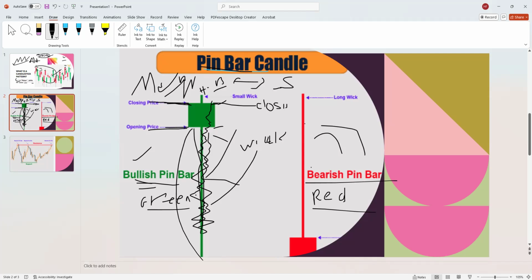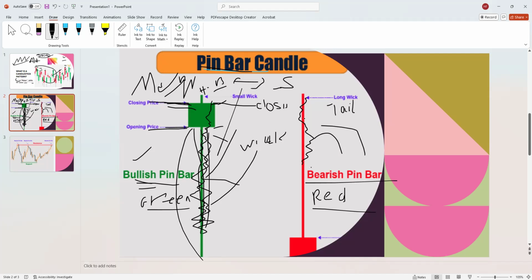As I told you, the buyer just pushed the price up and it closed there. So in the red pin bar, what happened? That's why we have a long wick tail. The seller just came and fought back, pushing the price down after the buyers pushed it up.